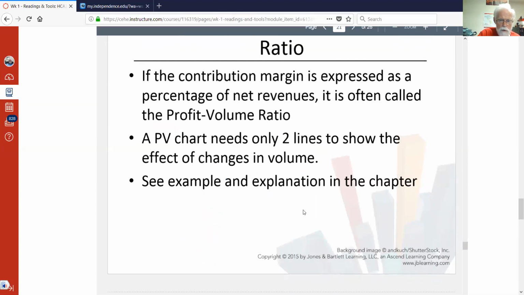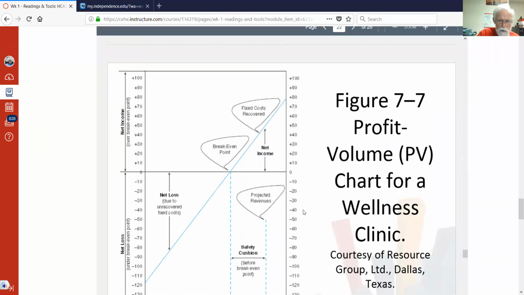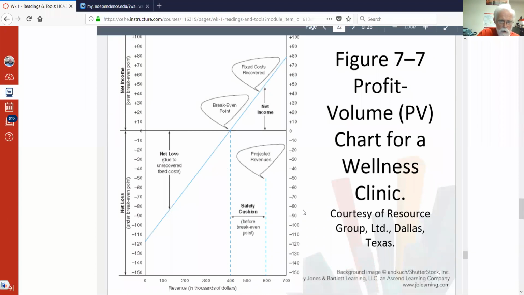So we look at that information. You need to take a look at what it's going to cost. Again, our variables have to be more than our fixed cost line.